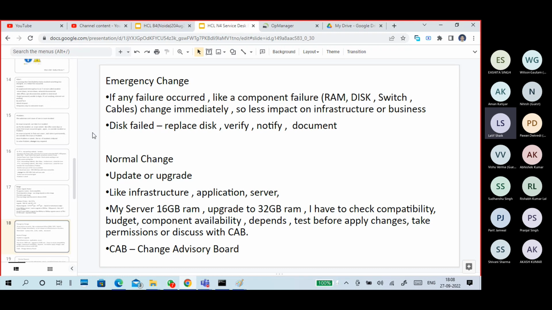Depending on the seriousness of the change, compulsorily you have to go through discussion, testing, change dependencies, take permissions, plan a proper budget, and assign responsibility for testing. All of this comes under it; it is not a single situation, a lot of things are there.